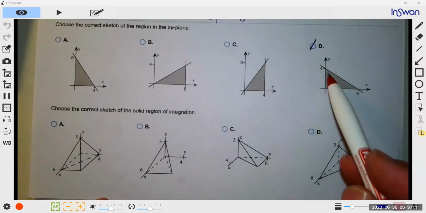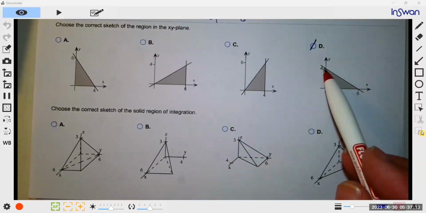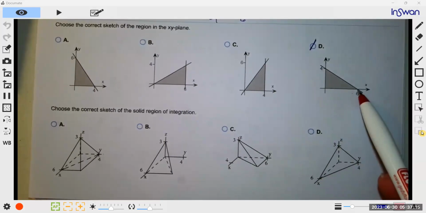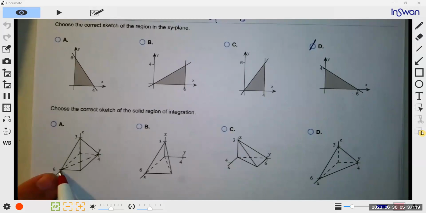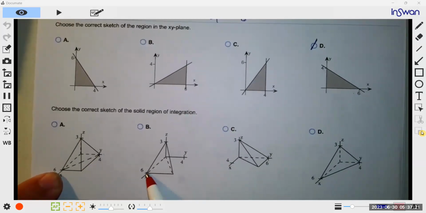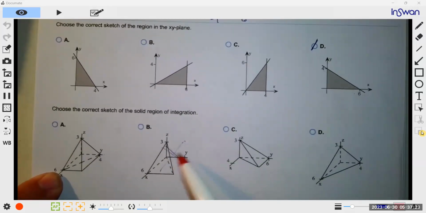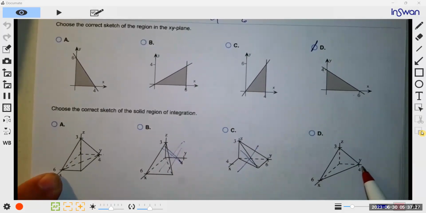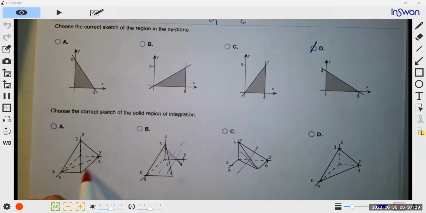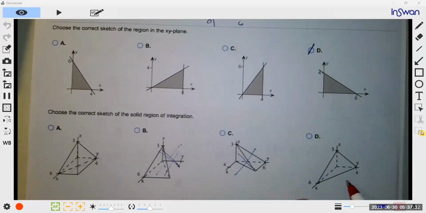Remember, x has to be 6 and y has to be 4. This one can't be right. But this one has area outside of it. So that can't be right.